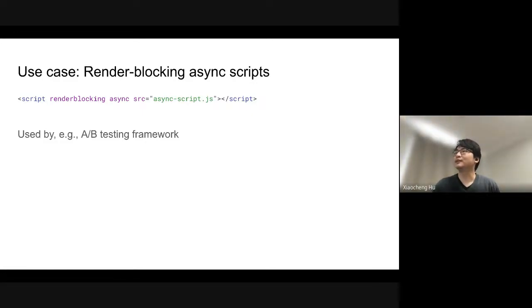And in some cases, there are some scripts like, for example, an A/B testing framework that is not that important, so it doesn't have to block parsing, but we would like it to be executed before rendering starts. We can set up the testing framework before rendering starts, so that, for example, we can properly measure some metrics in rendering.